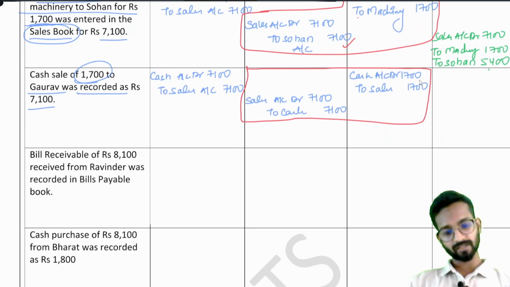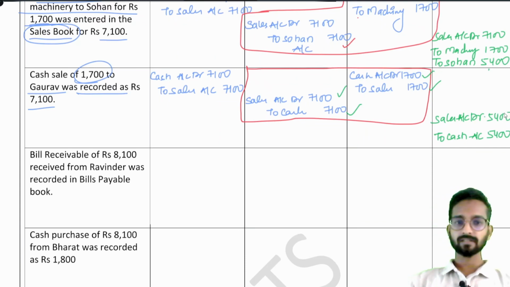Cash account debit 1700, cash account credit 7100. So you will write to cash 5400. Done. Then sales account debit 7100, sales account credit 1700, so you will write here sales account debit 5400. Simple. I have little space constraint. Please give a proper presentation.